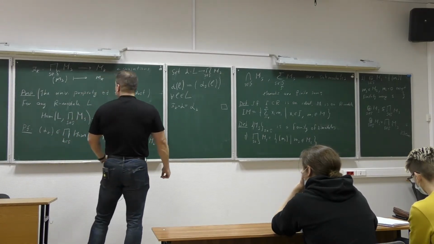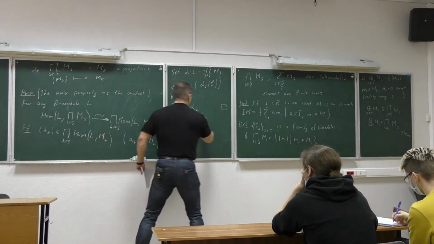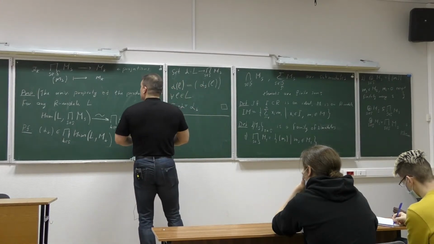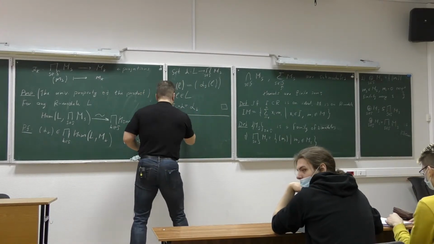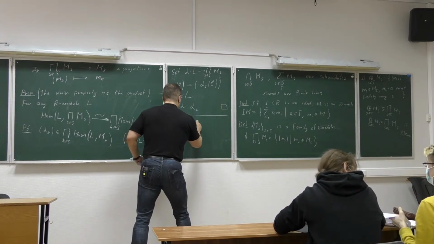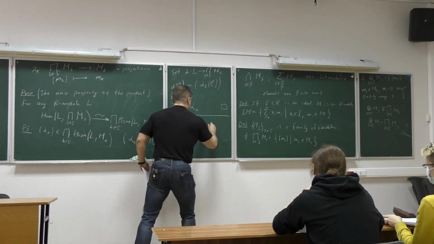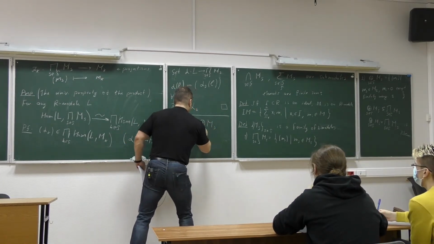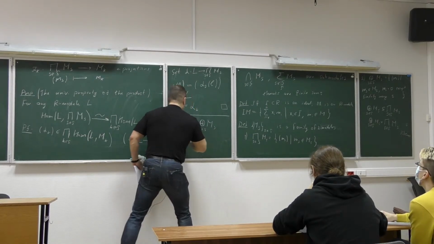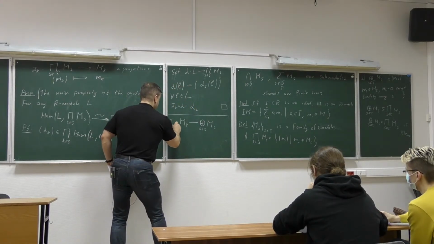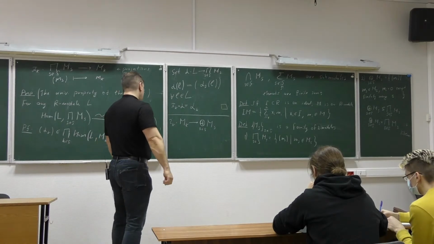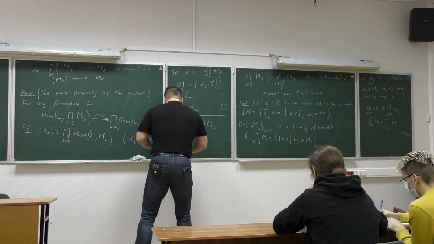Now, of course, you have a dual construction. So for the direct sum, you have the injection map, and this injection map just embeds.